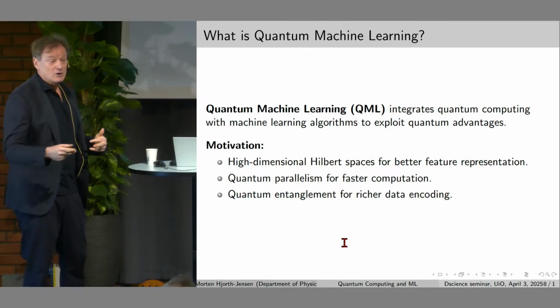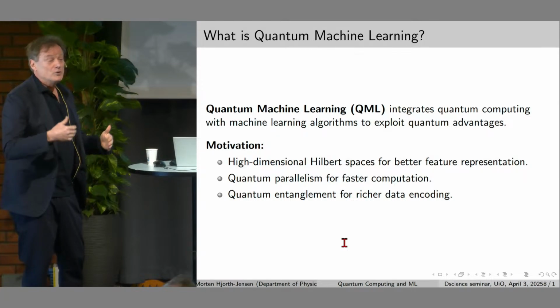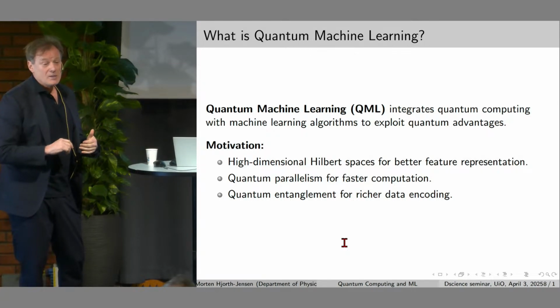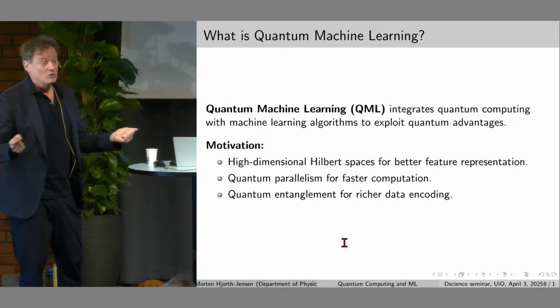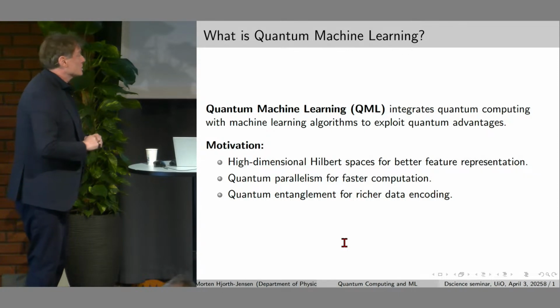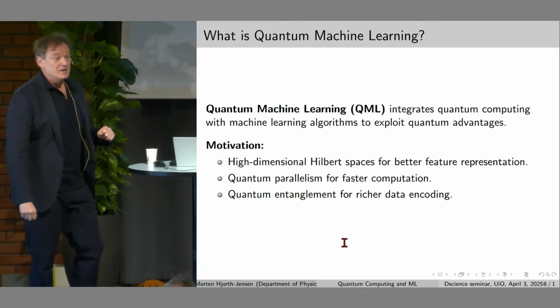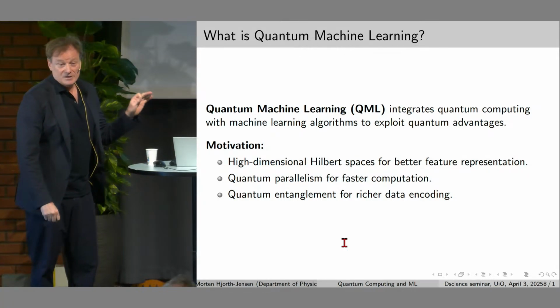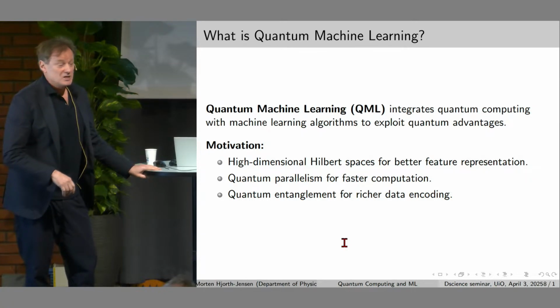So many of these are hybrid algorithms, which means that you would run a quantum computing part on a quantum computer, but then you have the classical optimization part, which runs on a normal computer. So these are often hybrid systems, and there's quite some interest in finance and in the insurance business, especially in finance.